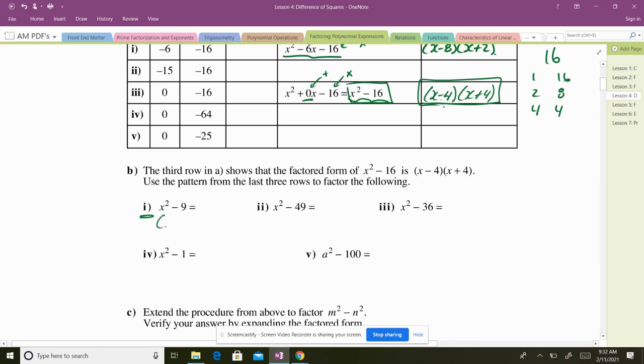So it just turns into x plus 3, x minus 3. What about x squared minus 49? So what does it become? Positive 7 and -7. So x plus 7, x minus 7.